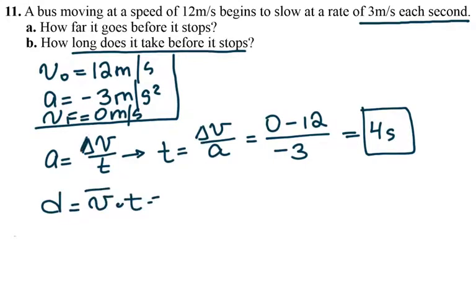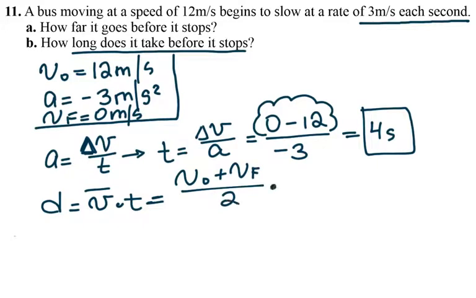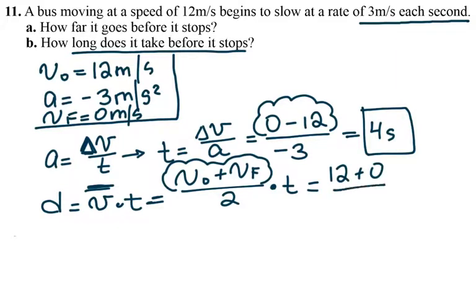And again, your change of the velocity is the final minus initial, but your average velocity is initial plus the final divided by 2 times the time. So your initial is 12, final is 0, divided by 2 times the time. So that gives me 24 meters.